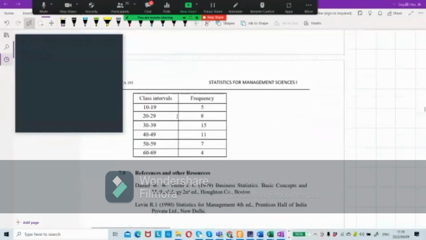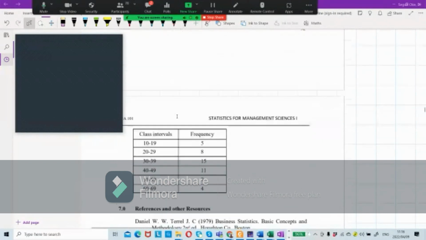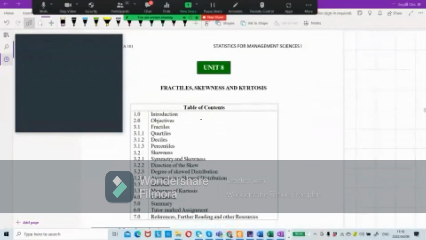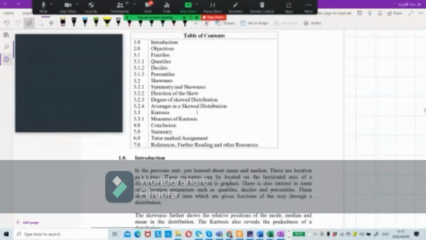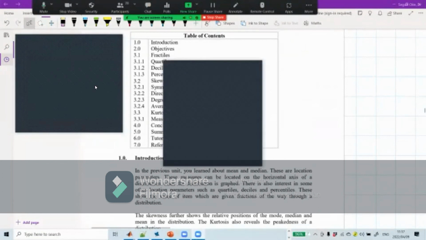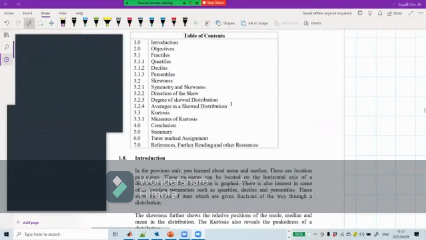I think we need to move to chapter 8. Yes, chapter 8, that's where I wanted to mention. Go and read chapter 8. They are full of definitions, and these definitions can stumble you. So please, I don't want you to be caught out.